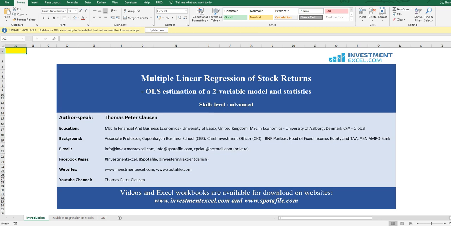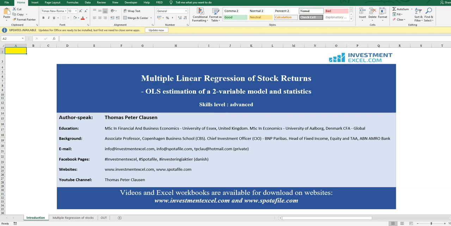So it will be an estimation of a two-variable model with the technique of ordinary least squares. That is, we will minimize the sum of squared residuals between the observed price and the calibrated model price.